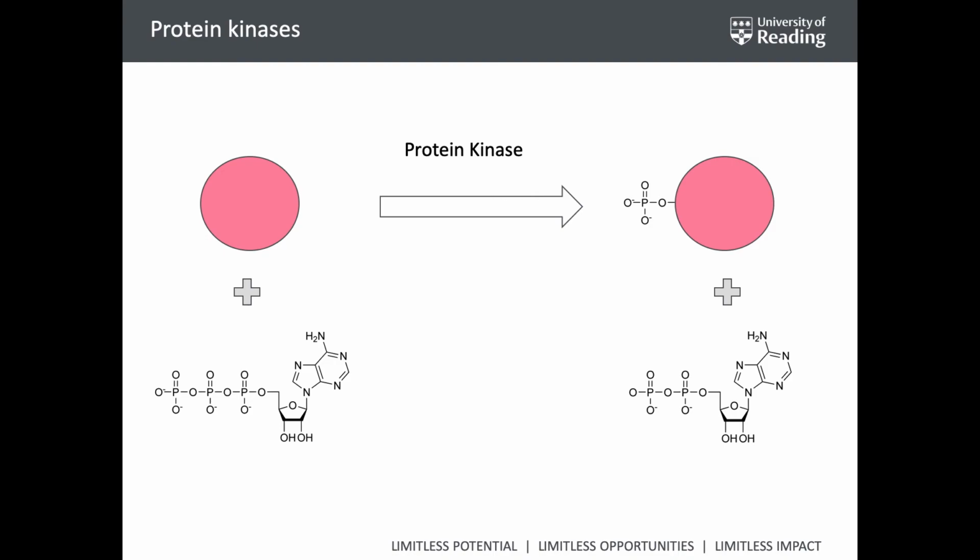It breaks up that phosphate bond there, releasing the phosphate group and sticking it onto other chemicals. And if you stick that highly negatively charged group onto another protein, those negative charges disrupt the way in which that protein folds. Those negative charges repel other negative charges or attract positive charges in the structure of that protein and alter the way in which that protein functions.